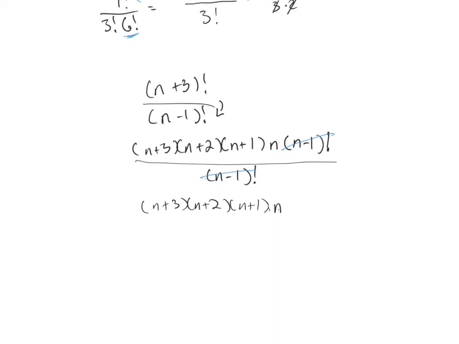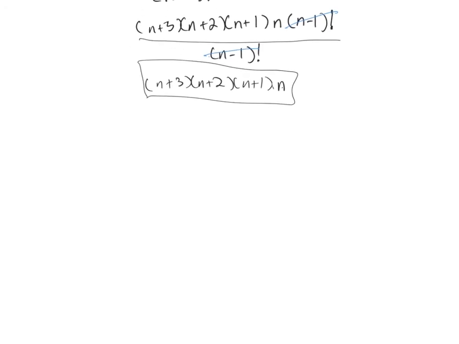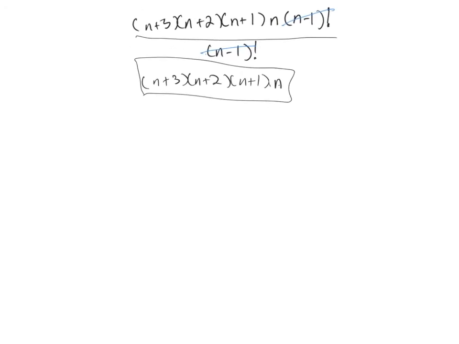We can do another example here, let me show you. Let's say we have n factorial over n minus 2 factorial. Well, let's say plus 2. The plus 2 is the larger one in this case. Then we need to go backwards to meet the n factorial.